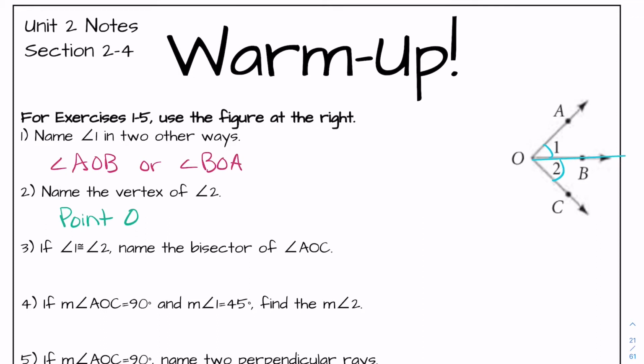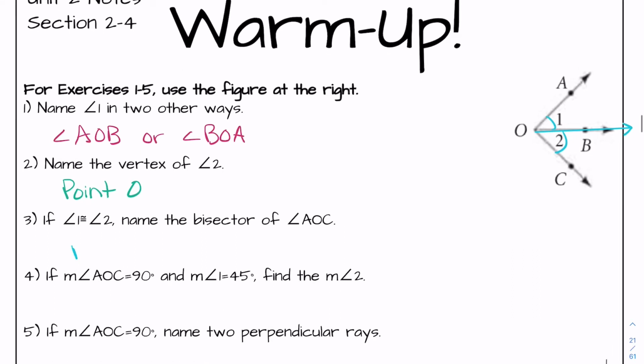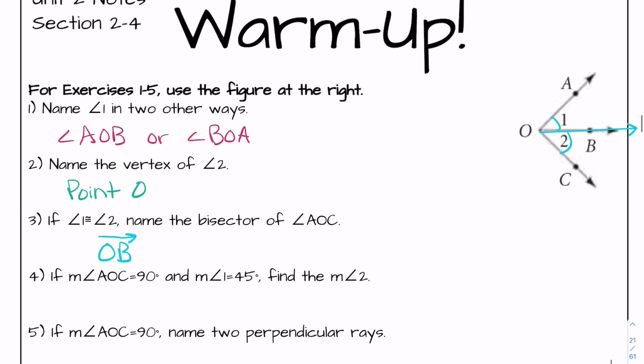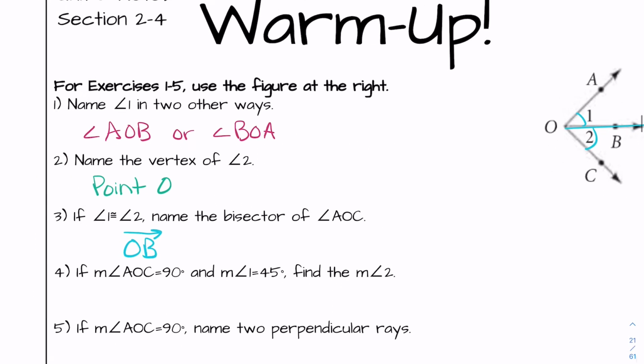So this is ray OB. And that's the bisector because as the angle opens up, it continues on forever and ever, so does that ray. So it can't just be point O or point B or line segment OB. It is a ray because it has to go on forever.